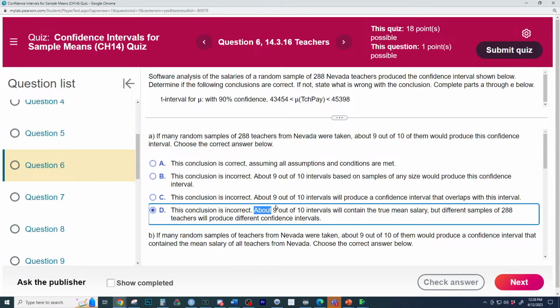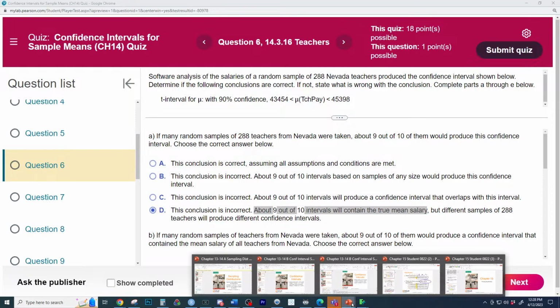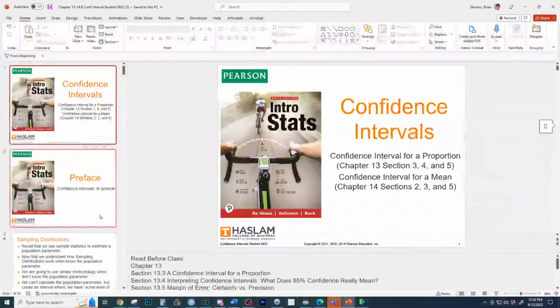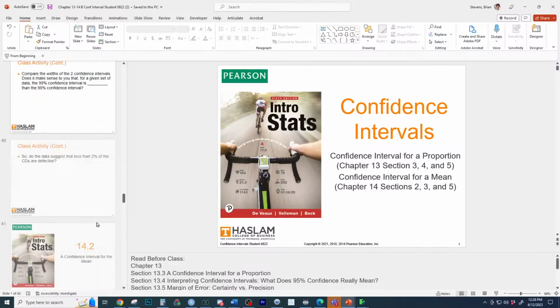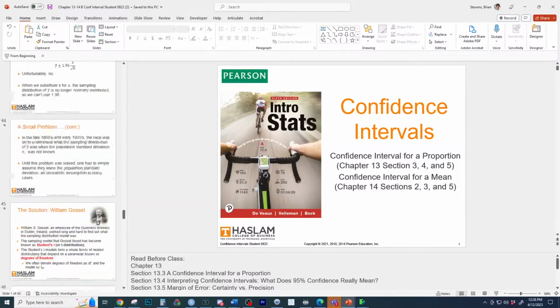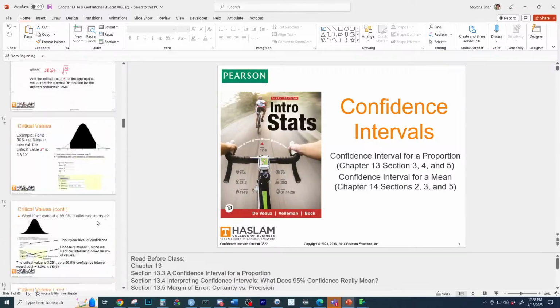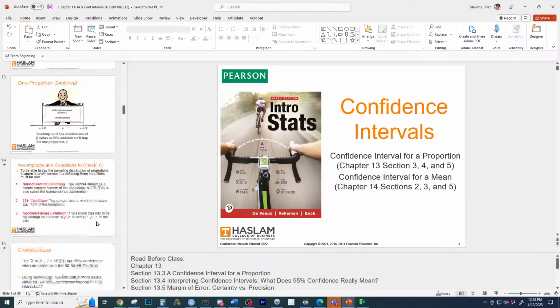But what we're saying is 90% of the intervals will contain the true mean in the long run if many intervals were created. And that goes back to the idea that it's not one interval containing the truth. It's about the repeated process of creating intervals. When we do intervals, it's not about one interval.